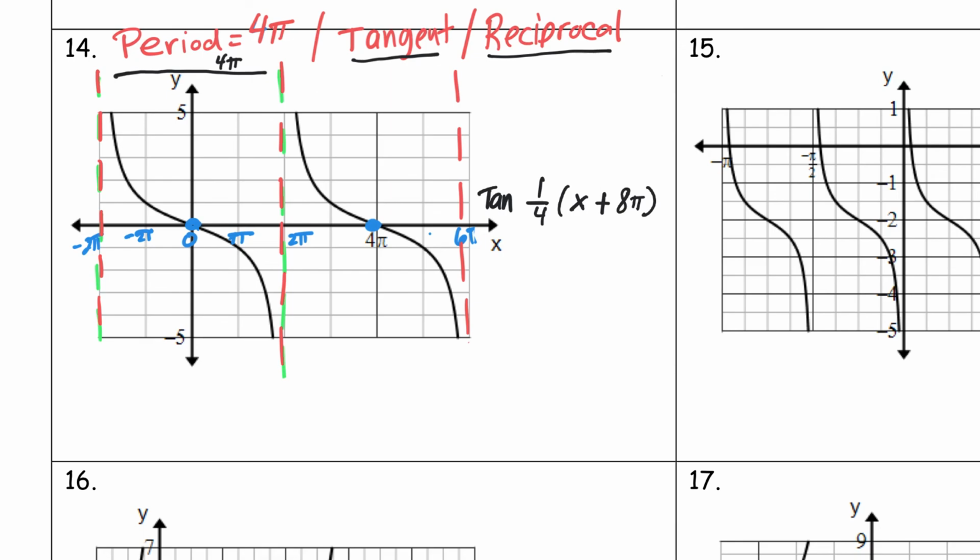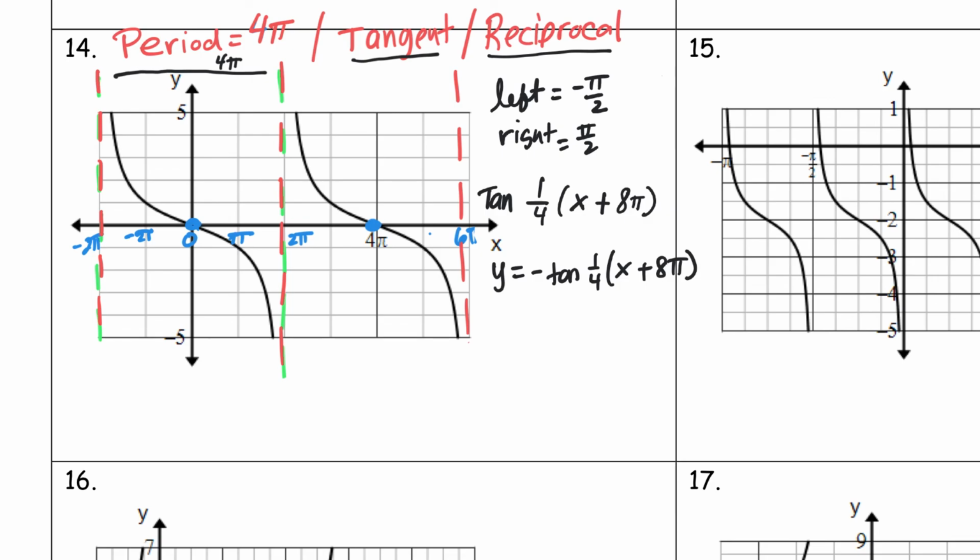We know that originally the left asymptote is at -pi/2. And the right for the parent is pi/2. And so I needed to shift this graph. So I have y equals negative tangent 1/4, that's your b, x plus 8 pi.